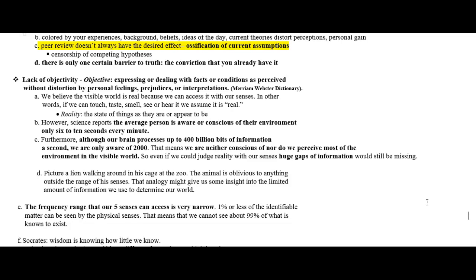Furthermore, although our brain processes up to 400 billion bits of information a second, we're only aware of 2,000. So our hippocampus has been very, very busy. That means we are neither conscious of, nor do we perceive most of the environment in the visible world. So even if we could judge reality with our senses, we would have huge gaps of information missing.